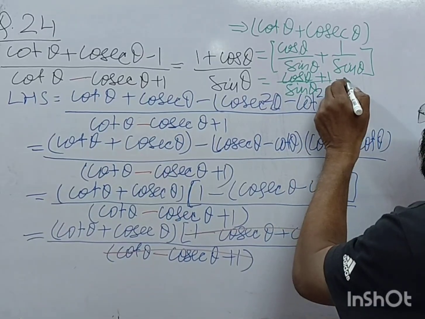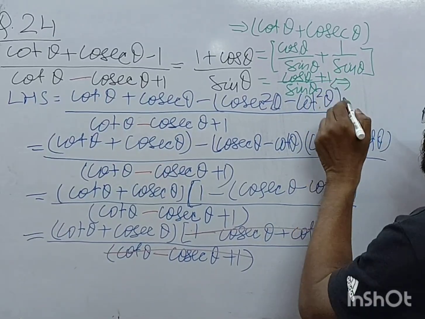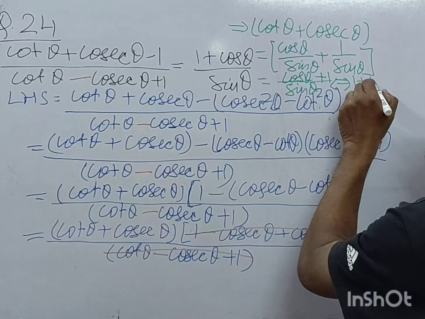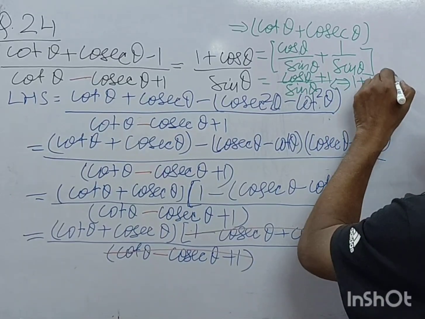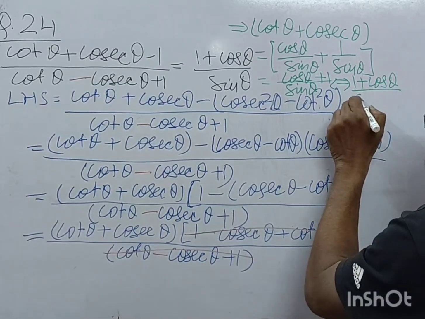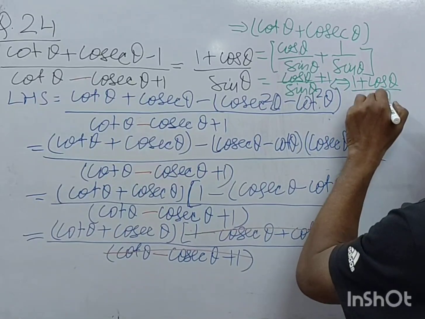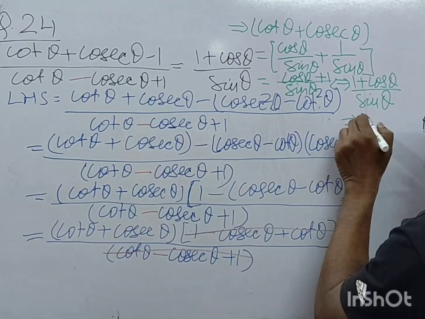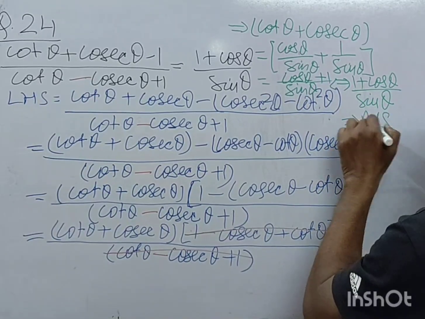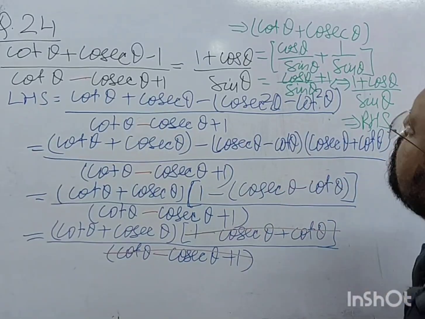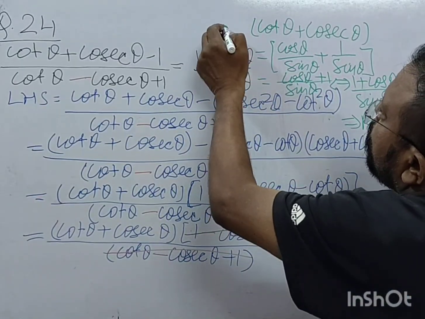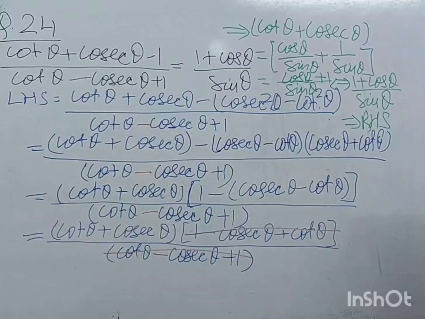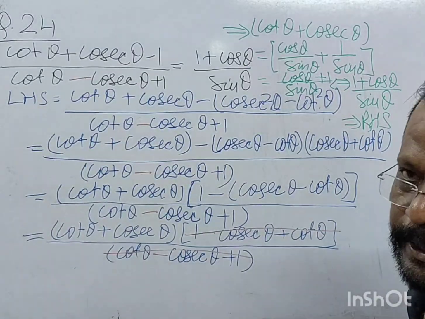Or you can write it 1 plus cos theta upon sin theta, that is equal to RHS, right? This is the solution of this question. You have to solve like this, right?